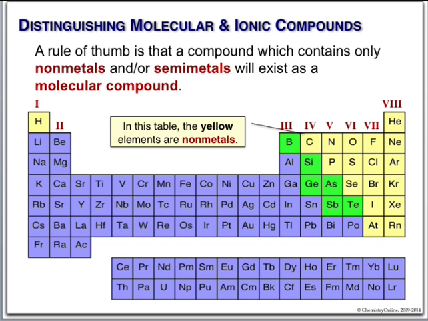The way to tell if you are going to make a molecular compound or an ionic one is simply to follow a very simple rule of thumb. If your compound consists only of nonmetals and semimetals, or semimetals, either one, it will be molecular. If it has a metal in it at all, it will be ionic.